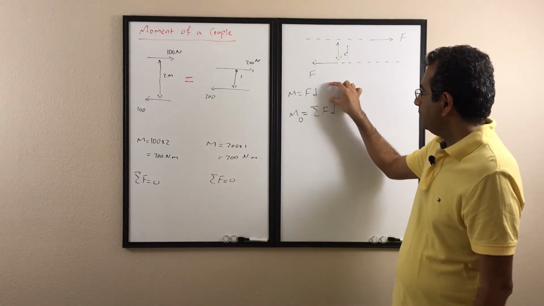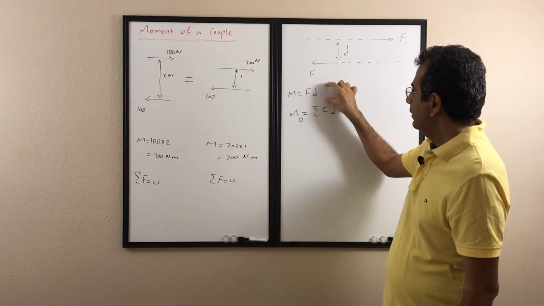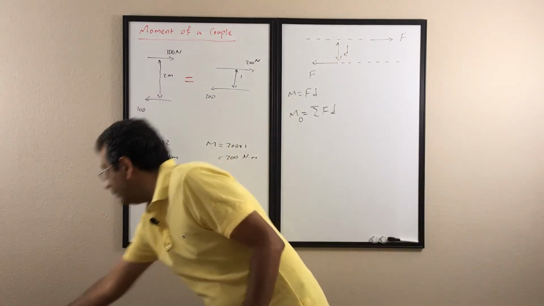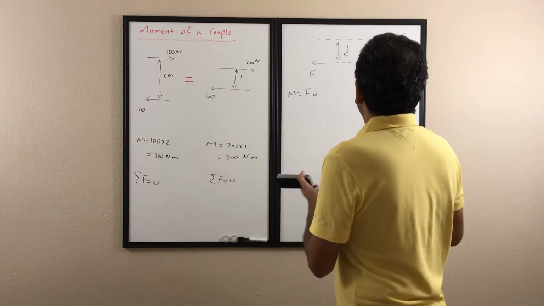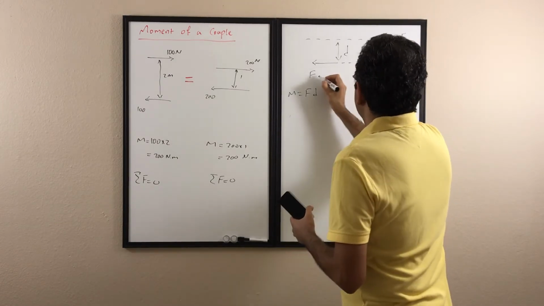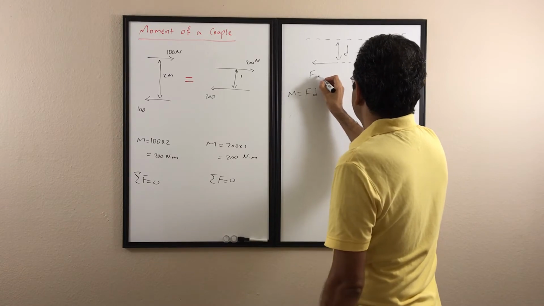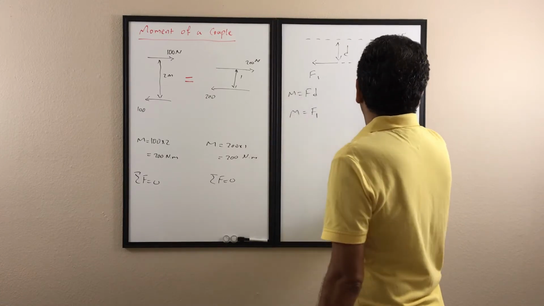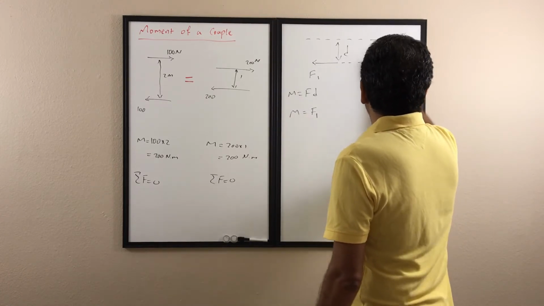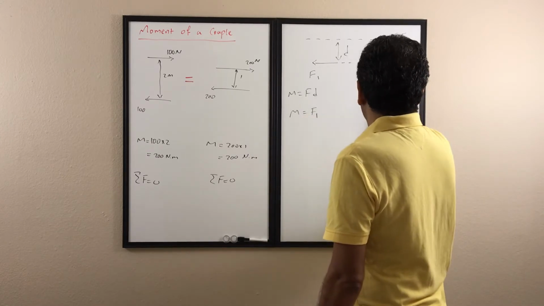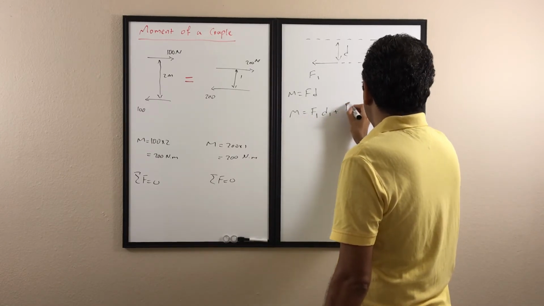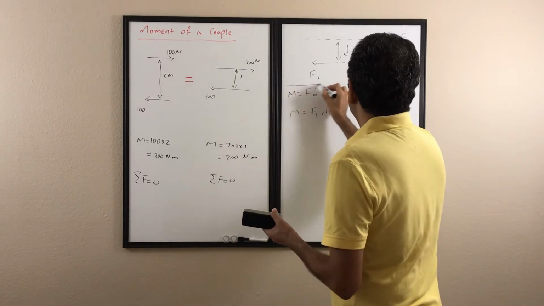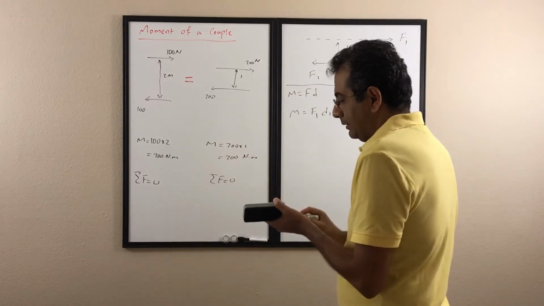For example, if we have two forces here, call them F1, and assume there is a point O here. So I can say F1 D1 plus F1 D2, where the distances to that point are D1 and D2.